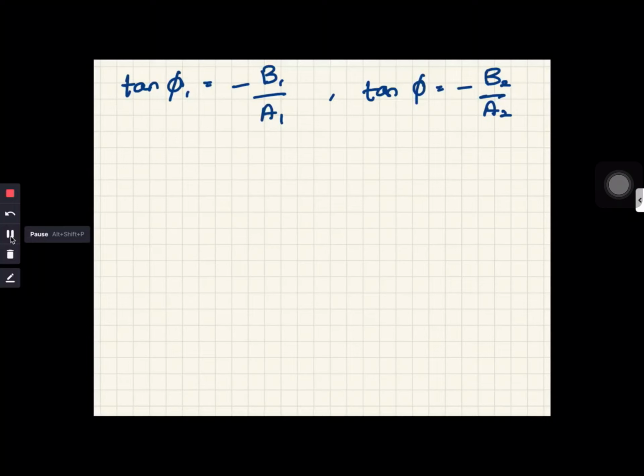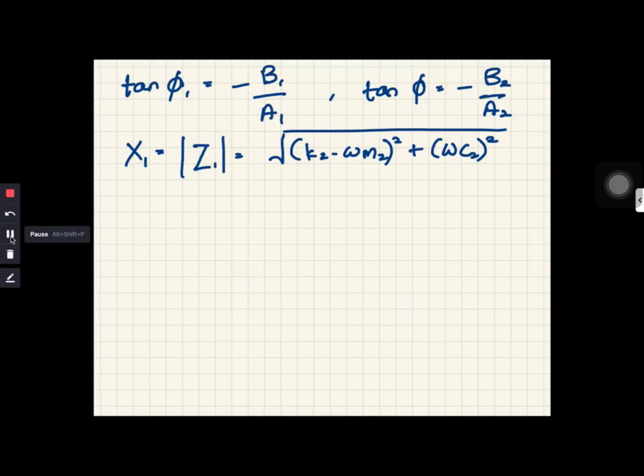So this is just a shortcut here, so I'll go straight to the solution for x1. X1, that we know as the absolute value of Z1. So this is actually, we can put it here, square root of K2 minus omega squared M2 squared plus omega C2 squared, over square root of A squared plus B squared.